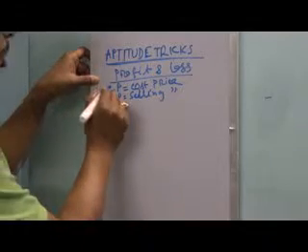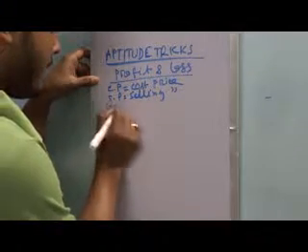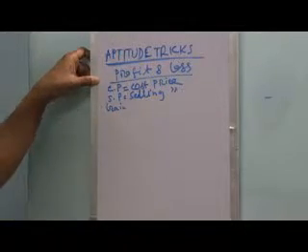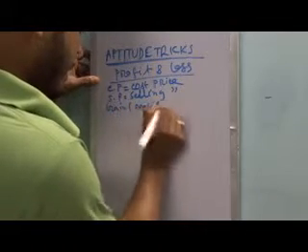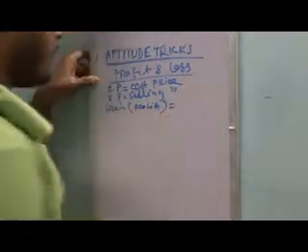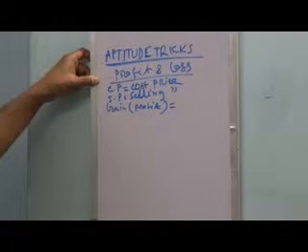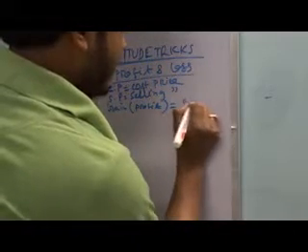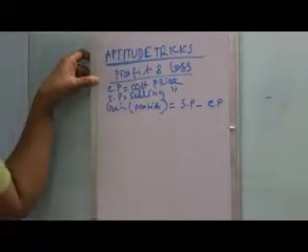So if cost price is CP and selling price is SP, then what will be the gain or profit? It will be equal to, simple, SP minus CP.